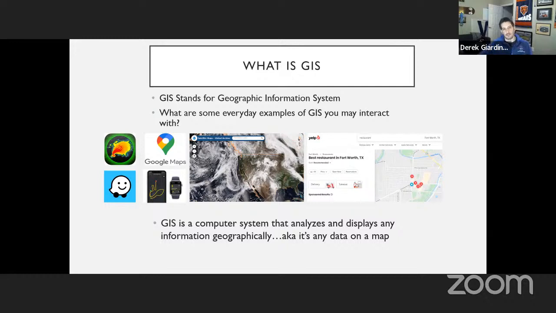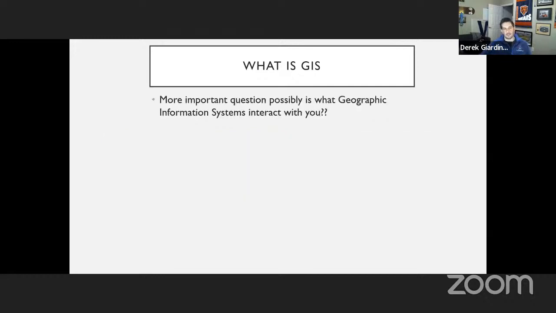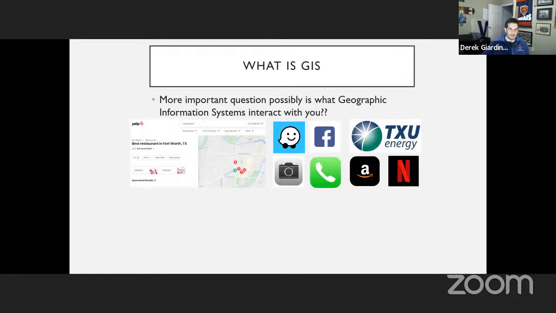Again, we work for the government, so I had to flip it around to get on the government conspiracy theories. What ways do you interact with GIS? And this may be something you're not aware of, but there's a lot more things that you provide to GIS systems than you probably use. Again, when you put in a Yelp review, you're contributing to a GIS system.